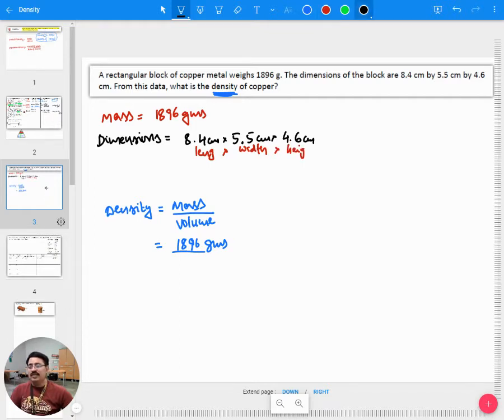So how to multiply? I have a calculator. Let me take 8.4 times 5.5 times 4.6, which is 212.52. Therefore, volume is 212.52 cubic centimeters.